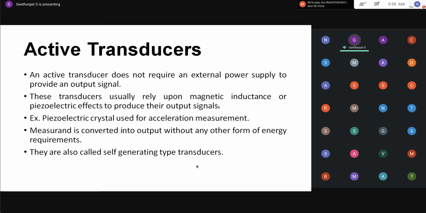The measurement is converted into output without any other form of energy requirement. They are also called self-generating type transducers.